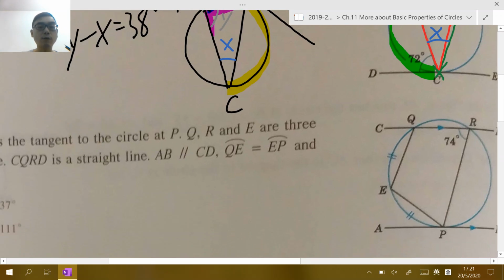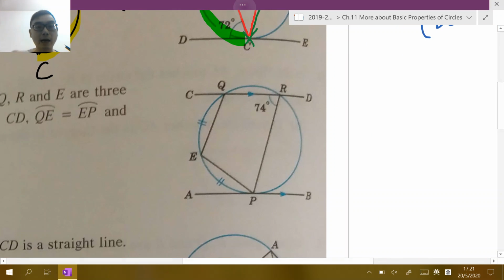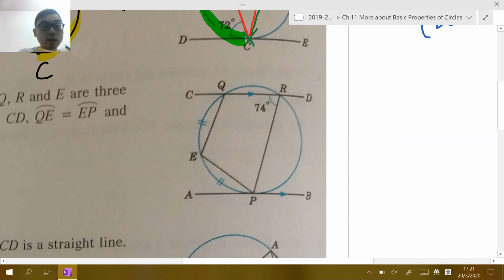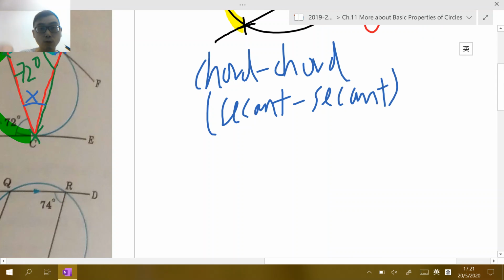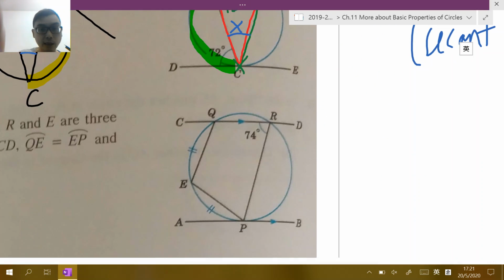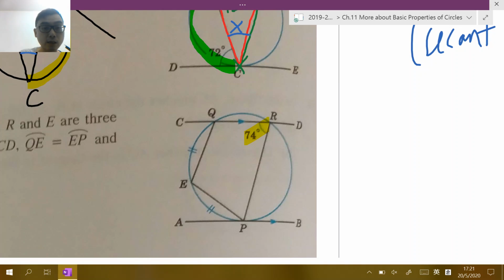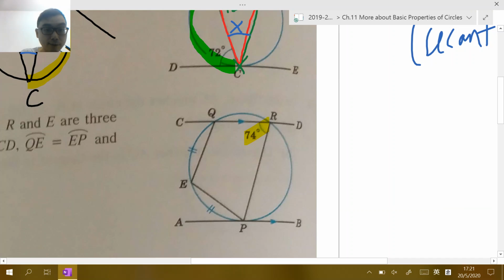For question 19, this one is even easier, so you can also use the arc concept to do this problem. In this problem, you can see this 74 degrees, this angle, is actually the angle subtended from the arc RPQ, if you can see clearly, because you can simply draw the things like this.